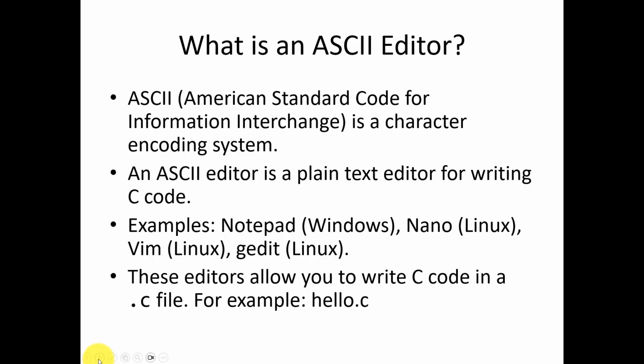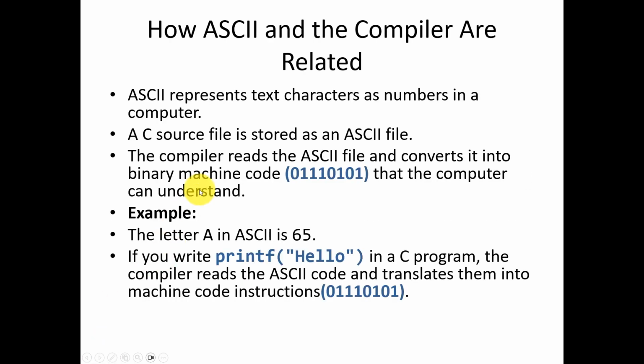The compiler will actually read the ASCII file, which is behind the C source code. What exactly the compiler will do is convert the ASCII file into binary machine code in the format of 0 and 1. This is the only thing which the processor of the computer understands.